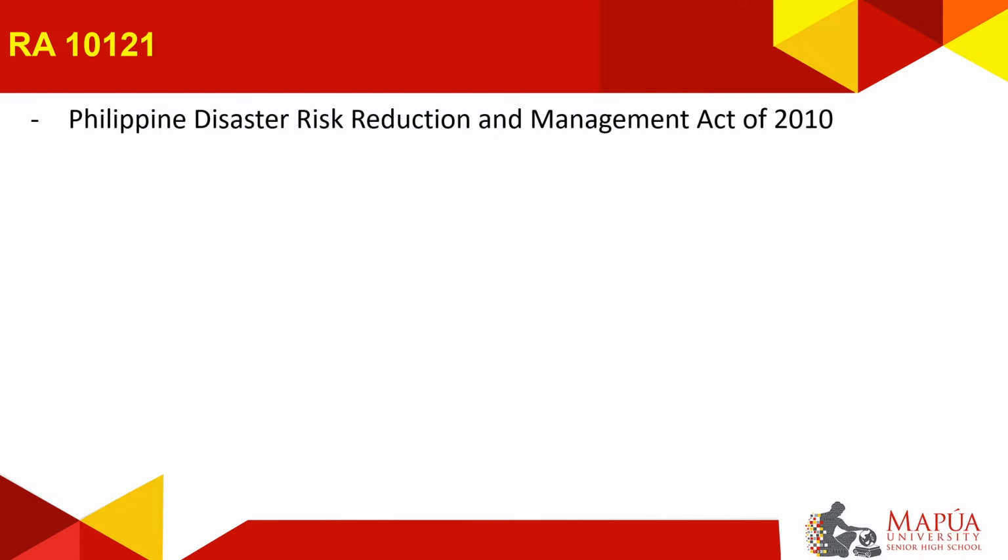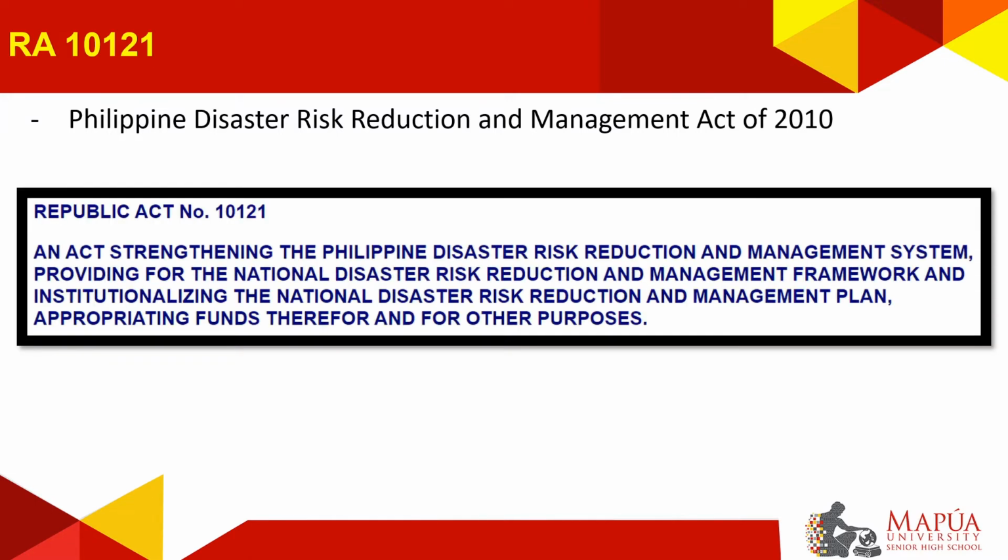With that said, the first thing that you would see when you open up this law is its description. RA, or Republic Act number 10121, is an act strengthening the Philippine disaster risk reduction and management system, providing for the national disaster risk reduction and management framework, and institutionalizing the National Disaster Risk Reduction and Management Plan, appropriating funds therefore and for other purposes.